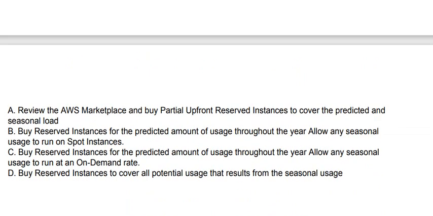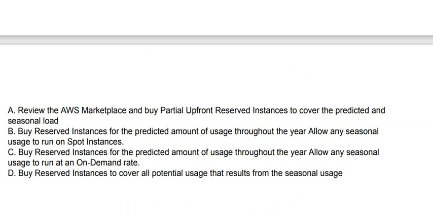Option A, review the AWS Marketplace and buy partial upfront reserved instances to cover the predicted and seasonal load. Option B, buy reserved instances for the predicted amount of usage throughout the year. Allow any seasonal usage to run on Spot Instances.